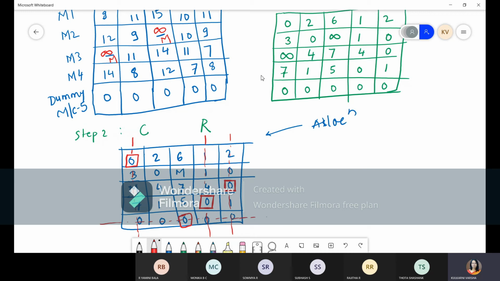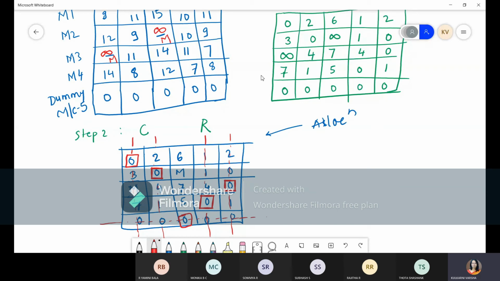Now go again row-wise. In the first row there is no 0. In the second row there is a single 0, so allocate it and cancel the column. Now there are no further zeros. Now count the allocations: 1, 2, 3, 4, 5.